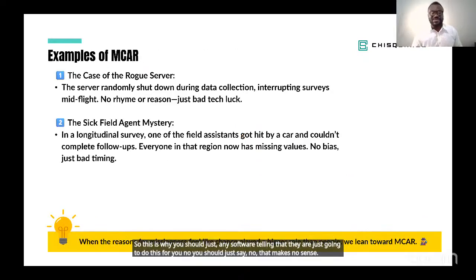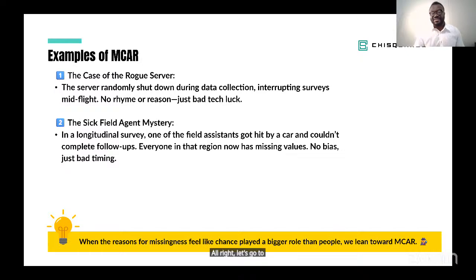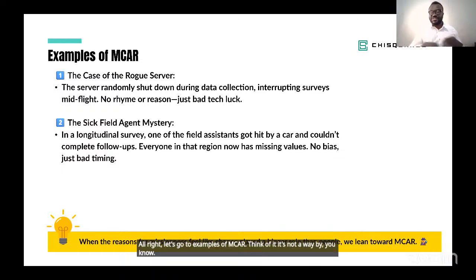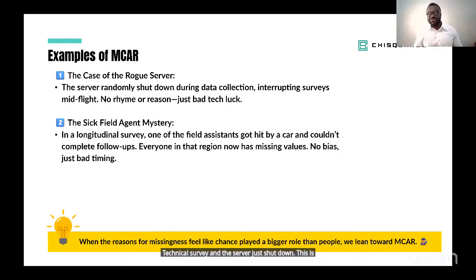All right, let's go to examples of MCAR. Think of a scenario whereby you're taking a survey and the server just shuts down. This is like a lightning strike. It's completely random. So in this case, we have individuals who have missing values.